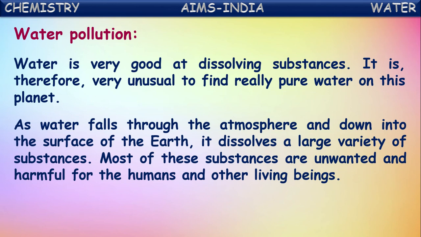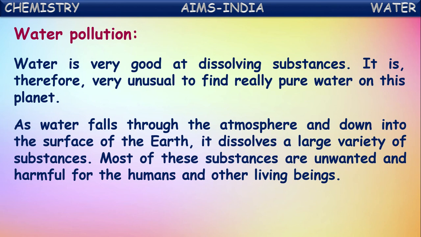As water falls through the atmosphere and down to the surface of the earth, it dissolves a large variety of substances. Most of these substances are unwanted and harmful for humans and other living beings. As water falls through the atmosphere while raining, from the clouds down to the surface of the earth, it dissolves large varieties of substances.